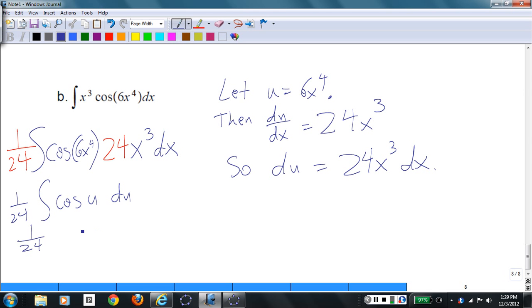Can we go with just plain old sine u in this case? So sine u plus c sub 1. So it's 1/24 sine of 6x to the fourth plus c, where the c I'm writing is equal to 1/24 c sub 1.